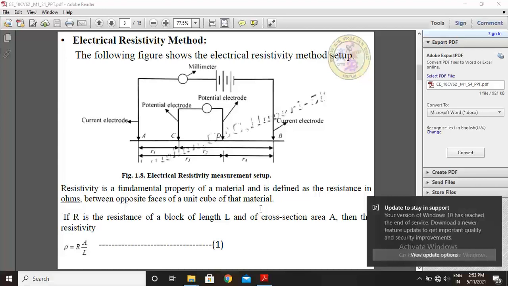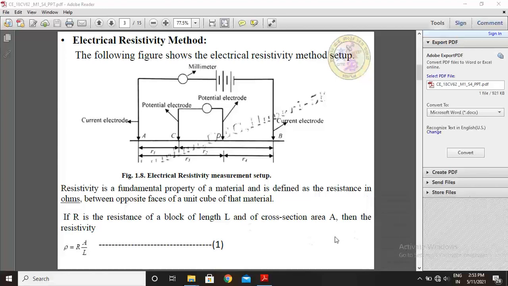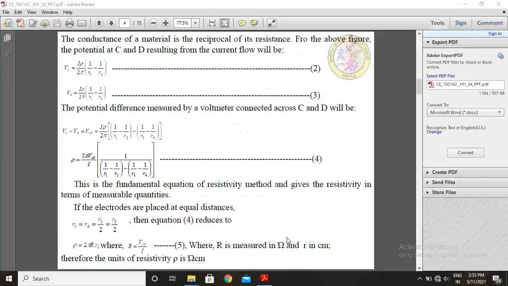If R is the resistance of a block of length L and of cross-sectional area A, then the resistivity rho equal to R into A by L. So this is equation number 1. The conductance of a material is the reciprocal of its resistance.